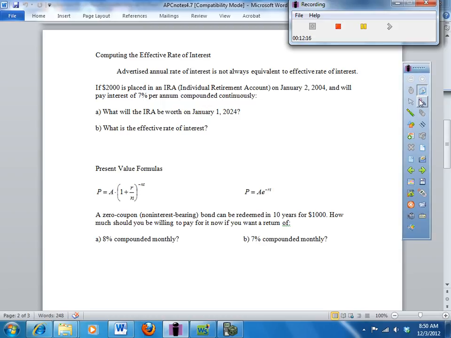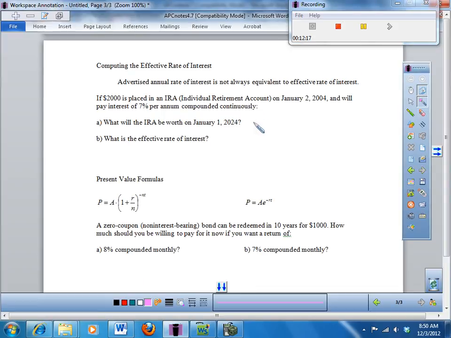So you start off with, again, $2,000, E raised to the R, which is going to be 0.07, times the number of years. That's 20 years. Isn't it like 19 years? We're just going to call it 20 years.